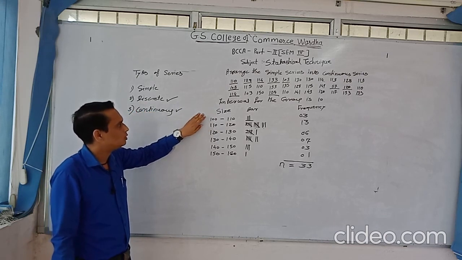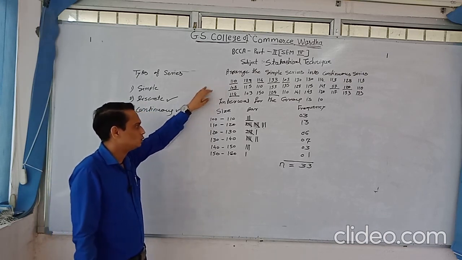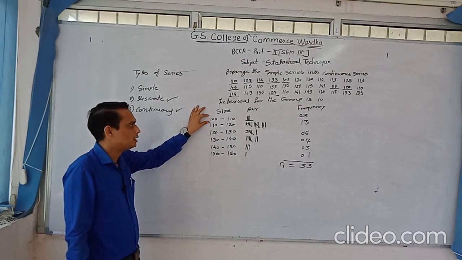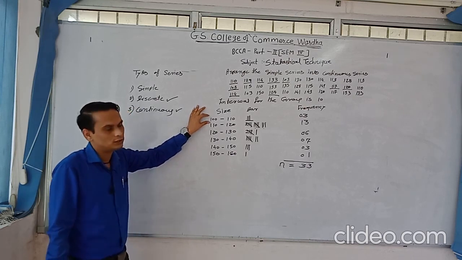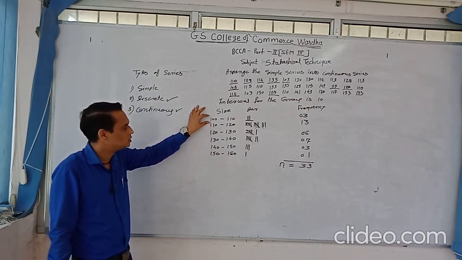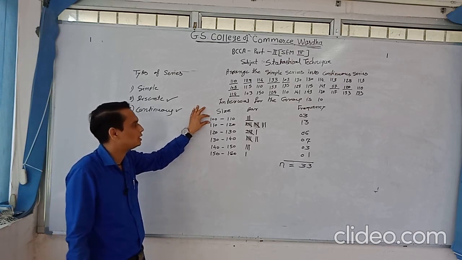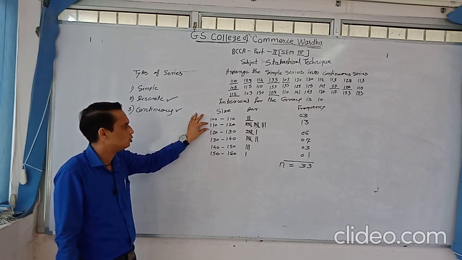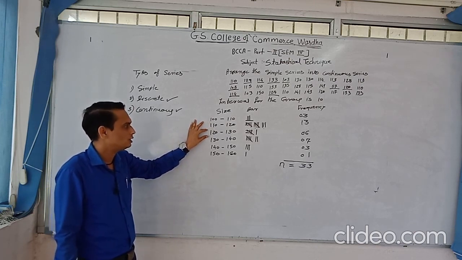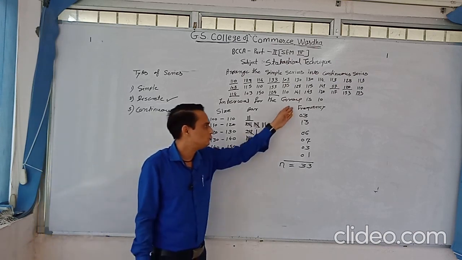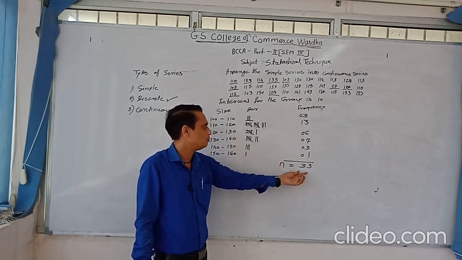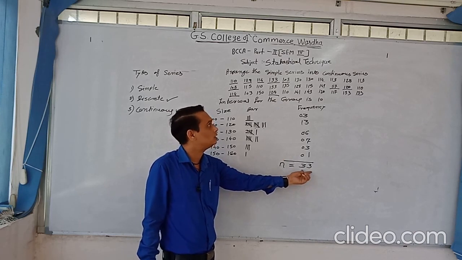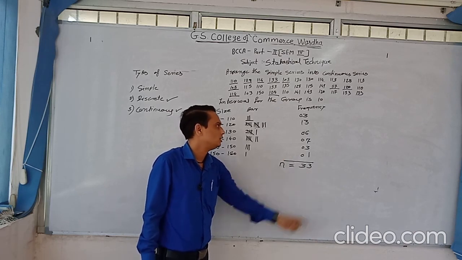The lowest value is 103, so we create 100 to 110, meaning 100 to 109 are included in the first group, 110 to 119 are included in the second group, 120 to 129 are included in the third group. Likewise, we get the frequencies of each group, and the number of observations available in the simple series is 33.